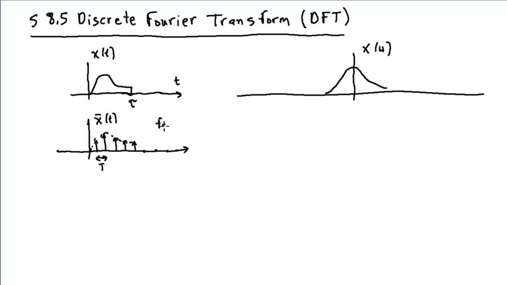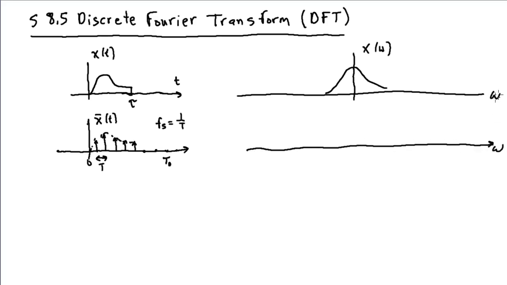And then Fs here, our sampling frequency, is 1 over T. And I can only evaluate a finite number of samples, or samples over only a finite interval. So I'm going to call the duration of my sample interval T0.